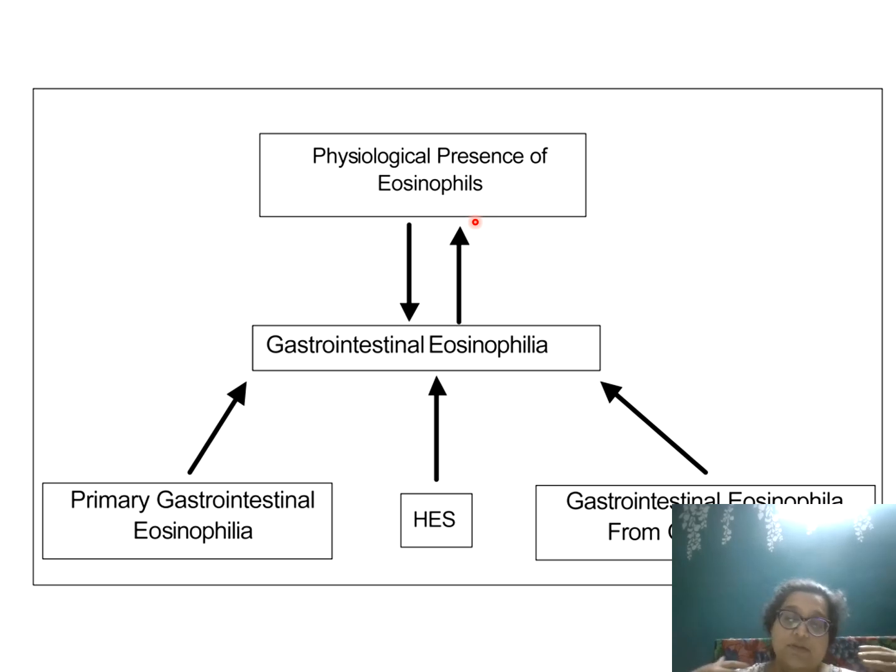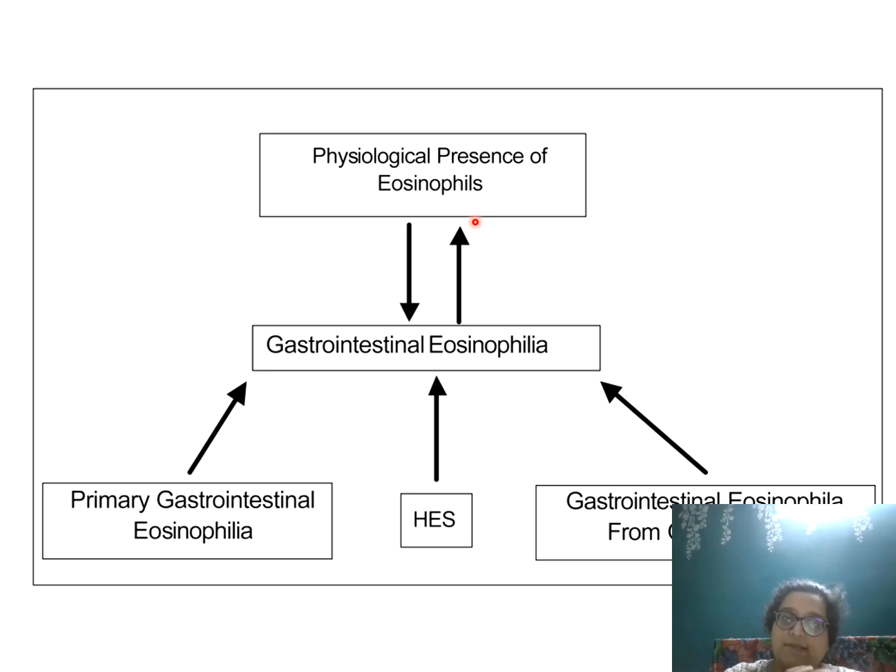But when that goes out of control, when the allergic reaction becomes too much, and that does not happen with everyone, it happens in people who have atopy or people who are prone to have it, then that becomes a problem. That is why normal lamina propria in the gastrointestinal system in different areas will show the presence of some cutoff of eosinophils, and this has been observed over long periods of time.